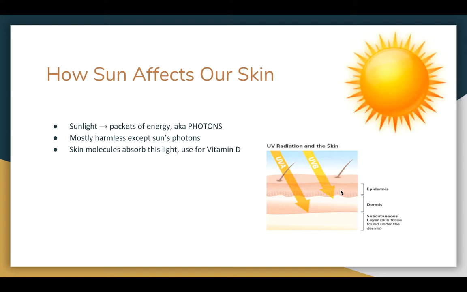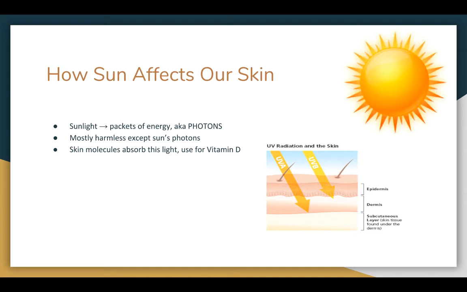Now, melanin is actually a natural protector for the skin against the sun's ultraviolet rays. The problem is that too much exposure to ultraviolet or UV rays can cause sunburns, and then the UV rays can penetrate the outer and deeper layers of the skin, which cause all the problems that I talked about earlier.